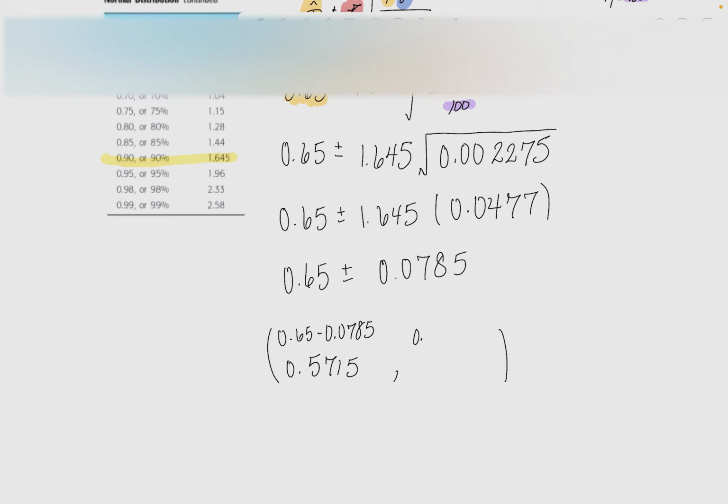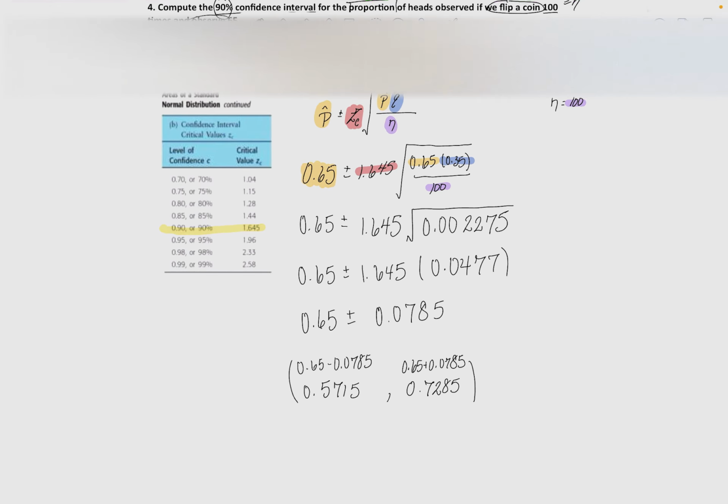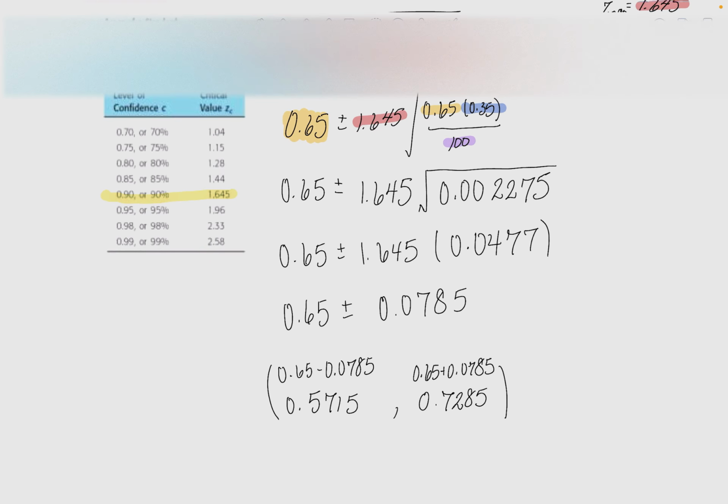And then we have 0.65 plus 0.0785, which should give us 0.7285. So this is our confidence interval for the problem. The step above is the calculations for finding the boundaries based off of the equation that we have on the top here.